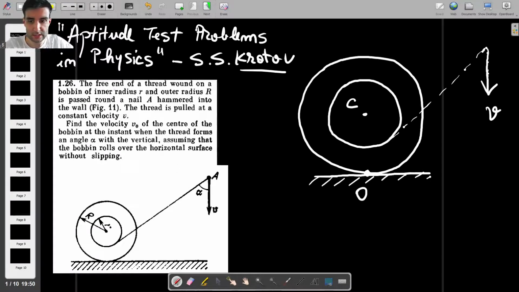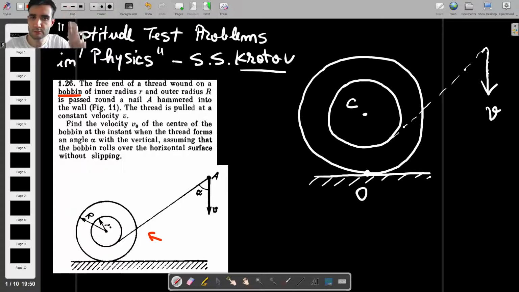So we've got something called a bobbin, which is essentially a cylinder or a circle with two different radii, and you've got this thread which is wound on the circle with a smaller radius. And then this thread runs all the way from the bobbin to this nail, and it goes around the nail.